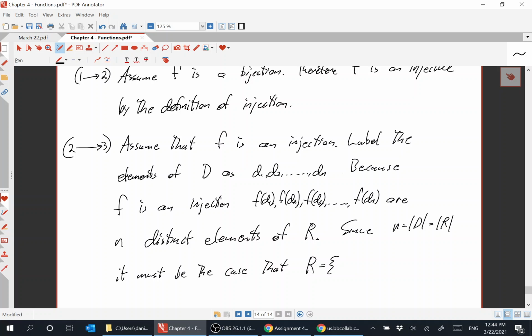Okay. So there's n people in the domain. How many are accounted for here? There's n people in the range. How many are accounted for here? N. So the range is n elements, and what are those n elements?